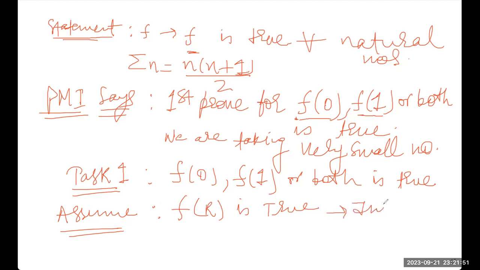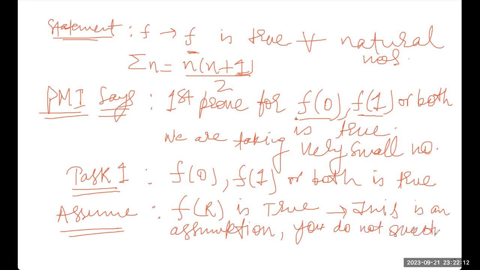And one very important thing: this is an assumption. You do not question this. So till here, do you understand? The first thing that I will do, f of 0, f of 1 is true.